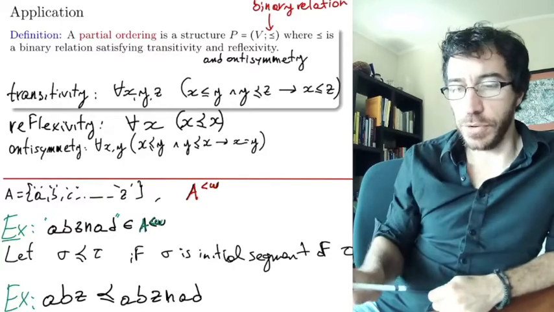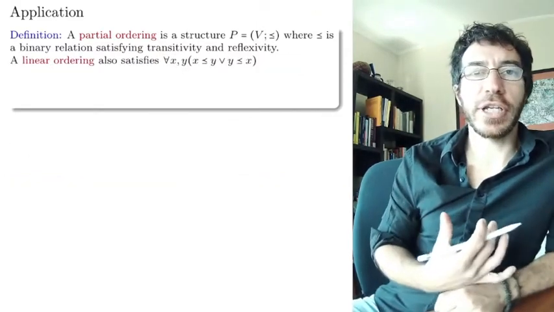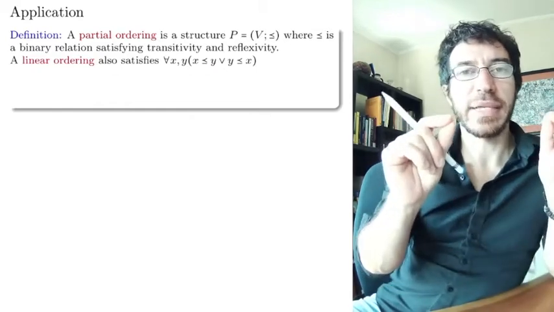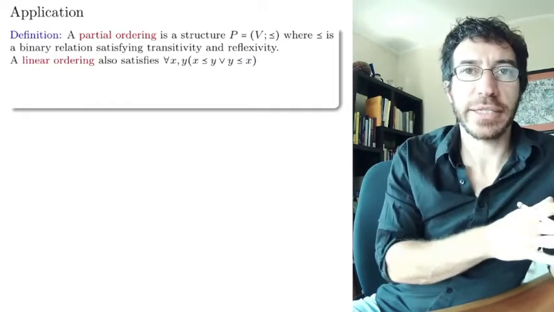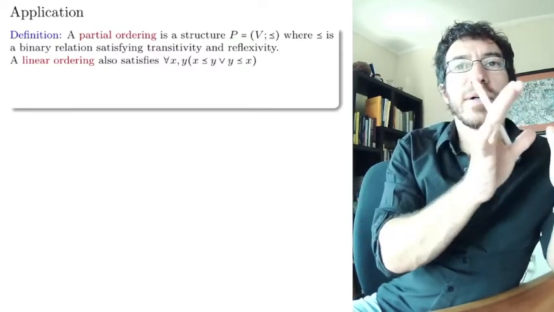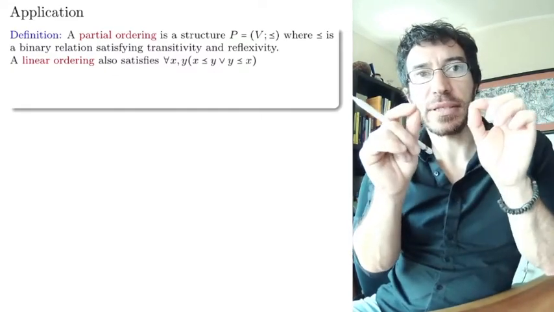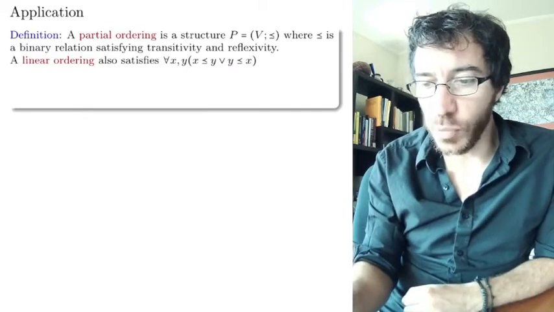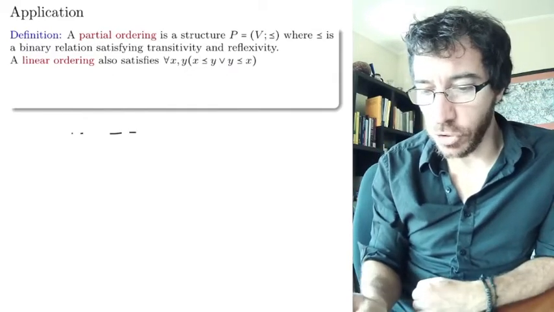Okay, good. So a linear ordering is a partial ordering that also satisfies that whenever you have two elements, they must be comparable. In the example before, there could be words that are incomparable to each other. But now, whenever we have two elements, x and y, they have to be comparable. So they look like a line. That's why they are called linear orderings, right?